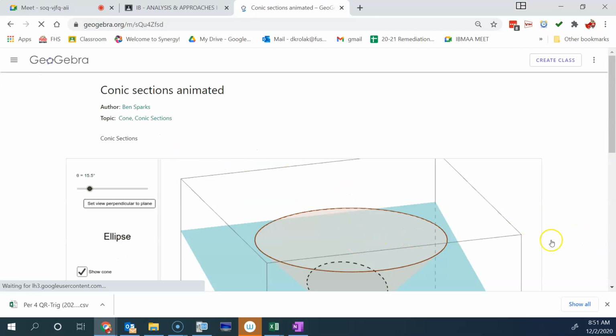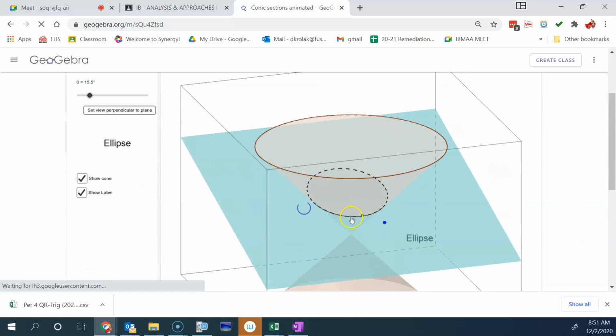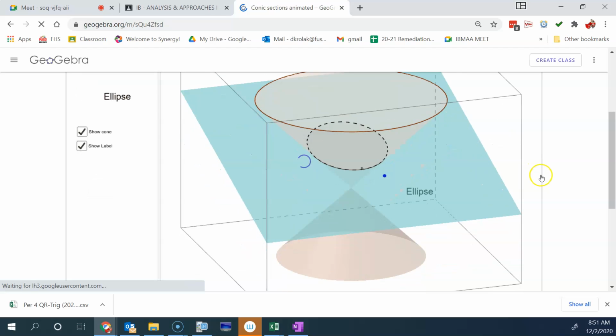All right. So what you're looking at right here is a cone. Now, guys, we all know what a cone looks like, okay? But that's not really a true cone in mathematics. It looks like this. It's actually two cones.